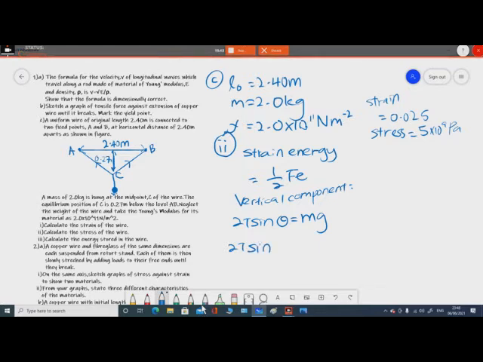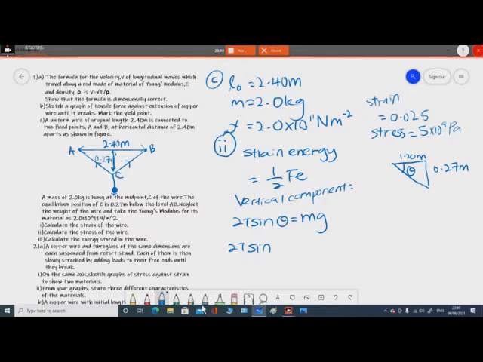So sine theta is, let me redraw again. This is half of the string, 1.2 meter, and this one is 0.27 meter. This is the angle that we need to find.